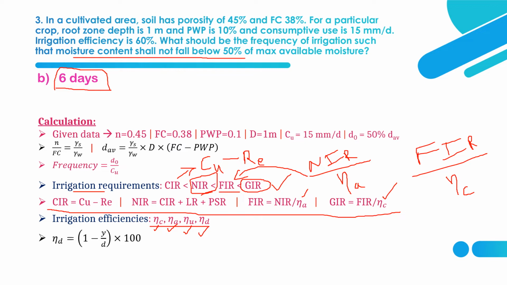And next is the water use efficiency, that is eta U. It is given as the ratio of the quantity of water used beneficially to the quantity of water delivered to the fields. All the water cannot be used beneficially.